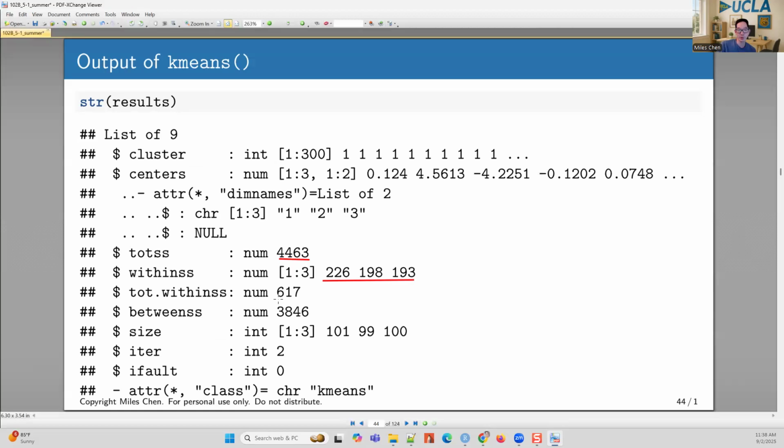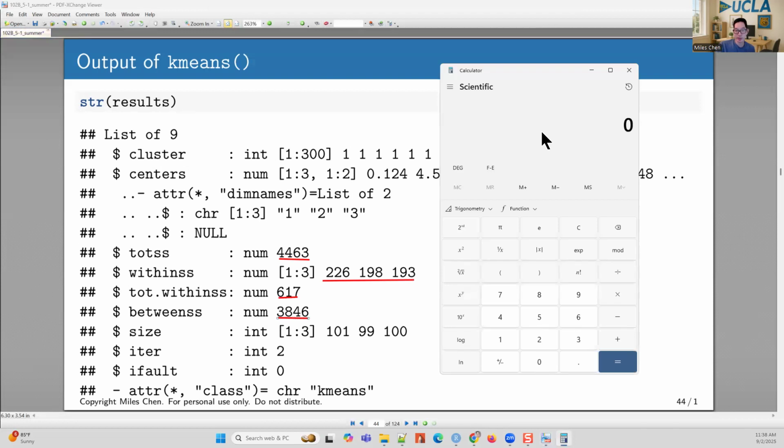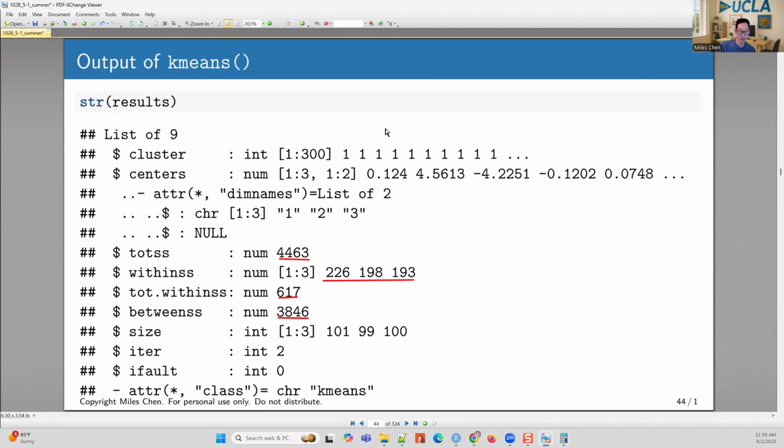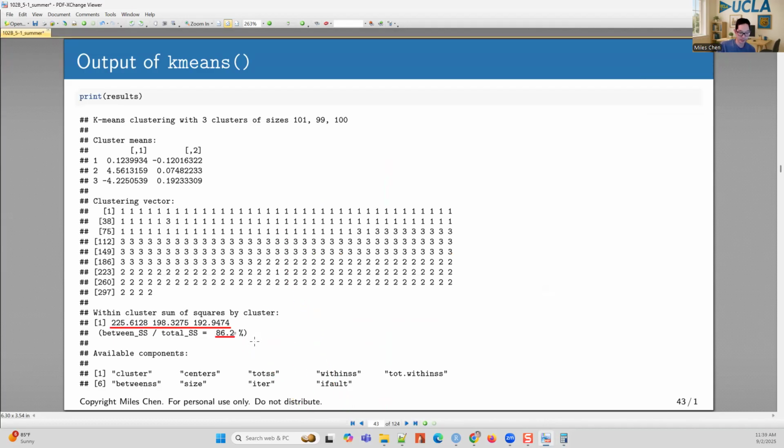If you add these up, the total within sum of squares, 226 plus 198 plus 193, will add up to 617, and 617 plus 3846 will add up to 4463. And so you can get your R squared value: if you do 3846 divided by 4463, you'll get around 86%. And that's our R squared value here.